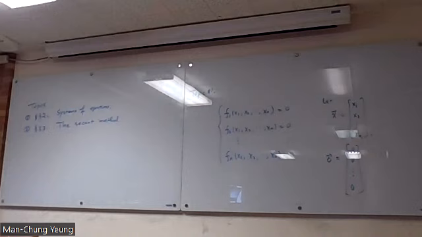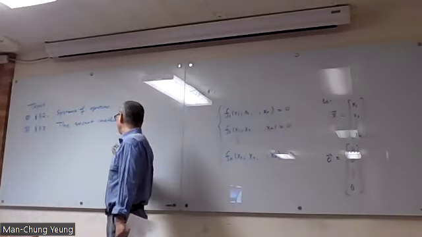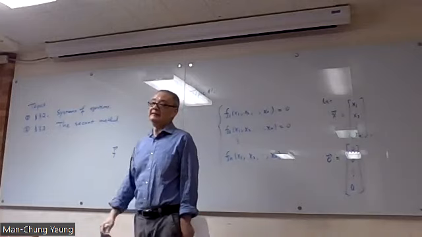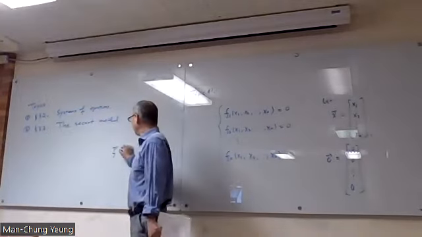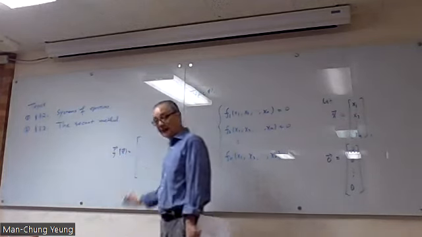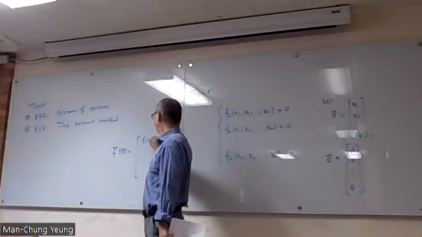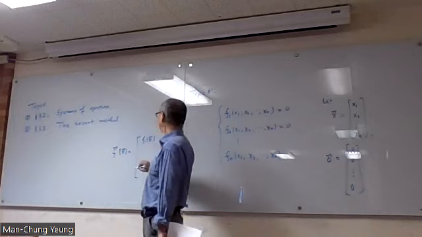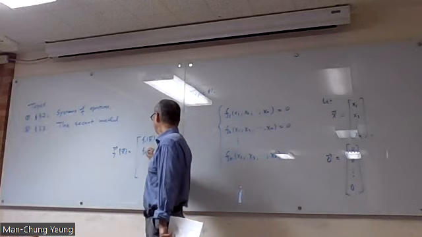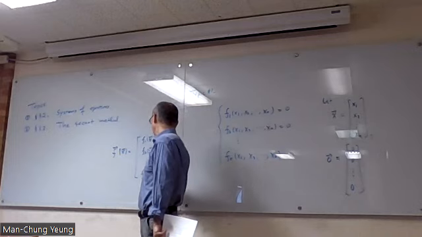And the function f, n functions. If I use f with an arrowhead, now the unknown is x, this vector. F1 of x arrowhead, and so on.